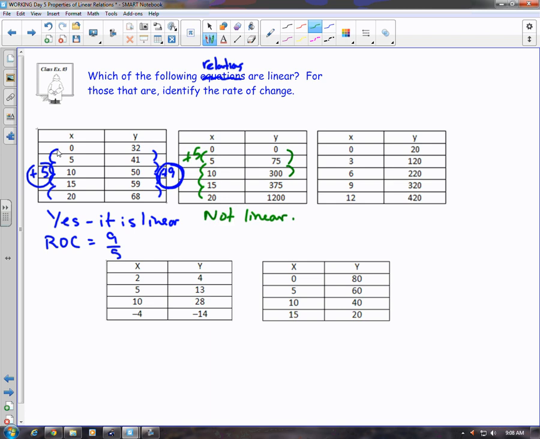So I had asked you to try all these 5. What I'll do is go through the last 3, and if we need to walk through any of those, we will. So this next one here, far right-hand side, this one is linear. And the rate of change that we get out of this one happens to be 100 over 3.